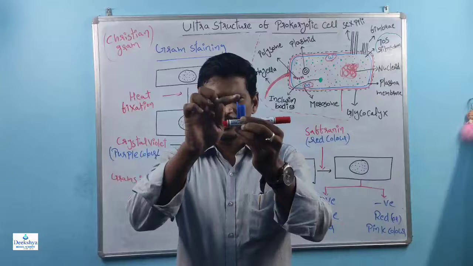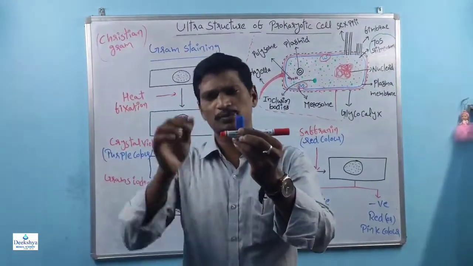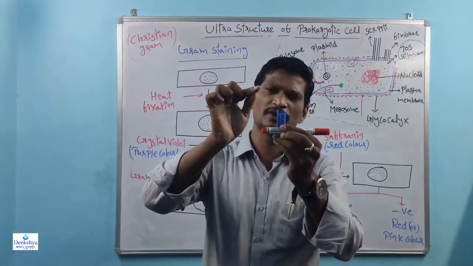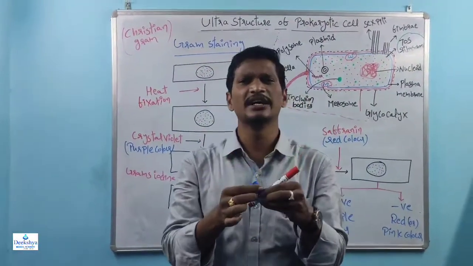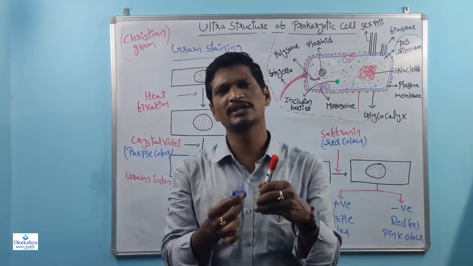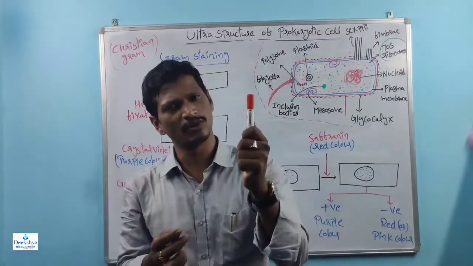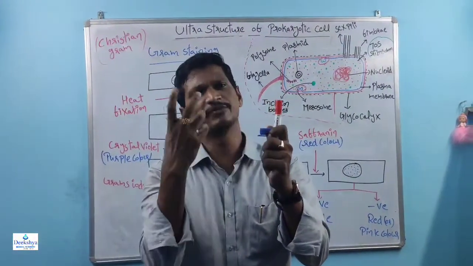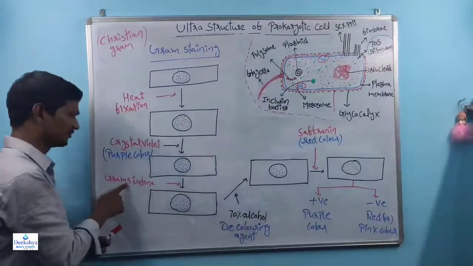After the addition of crystal violet, we add Gram's iodine. Suppose this is one of the Gram's iodine molecules. After the addition of crystal violet, if we add Gram's iodine, it increases the affinity between crystal violet and the cell wall. Suppose this is the cell wall and this is the crystal violet molecule. The binding affinity between these two is enhanced by Gram's iodine.